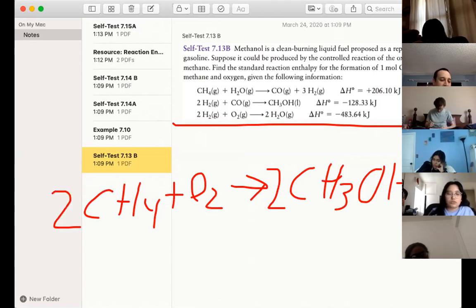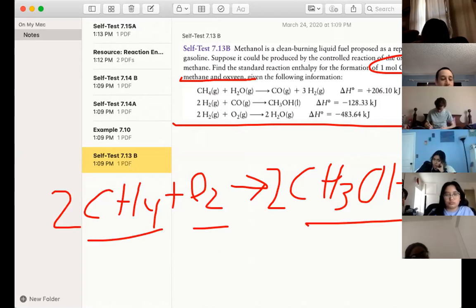So that's a balanced chemical equation because we're forming methanol from methane and oxygen. How do we combine these equations up top to get that equation at the bottom? And what in the world is delta H? So delta H for this reaction equals what?